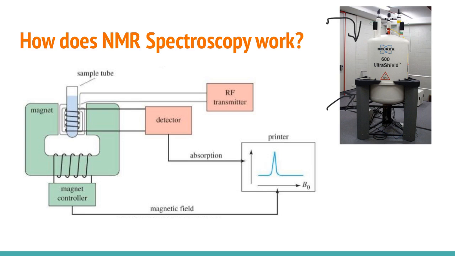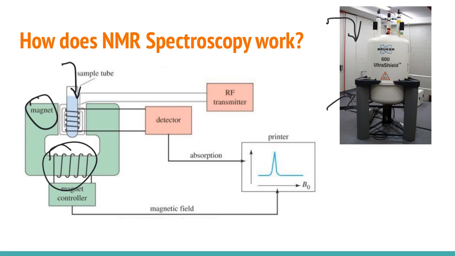When you are doing NMR spectroscopy, your sample is placed in an electromagnet. We've got the magnet here, and some coils here, and the electricity is generating the magnetic field. Once your sample is placed in here, similar to other spectroscopy techniques, the field strength is going to be varied through the radio wave part of the electromagnetic spectrum.